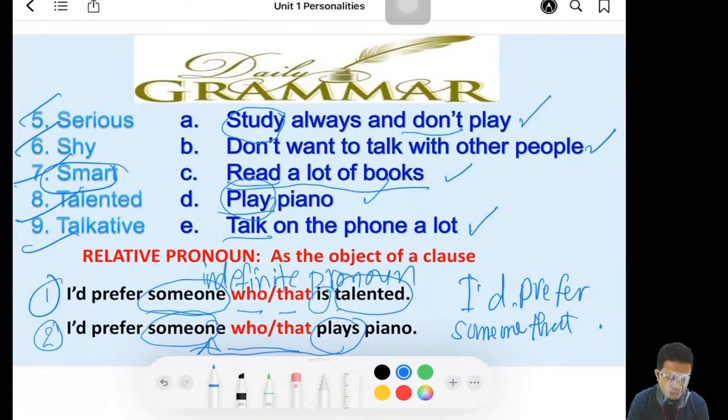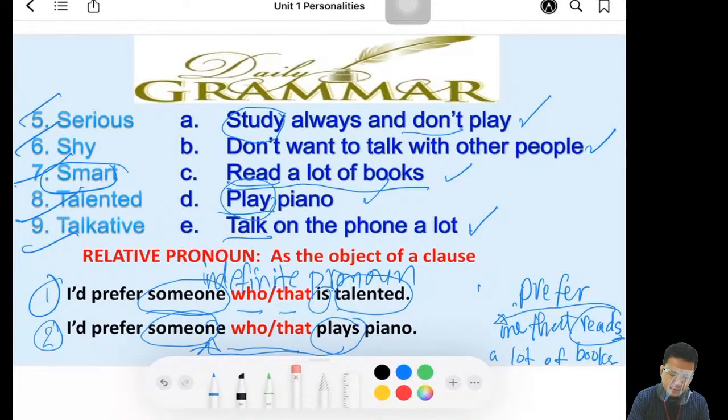So what will happen to the word read? Is it read or reads? Okay, we are going to add s, that reads a lot of books. Good. So the sentence will be, I prefer someone that reads a lot of books. We add s because of our indefinite pronoun, which is someone.